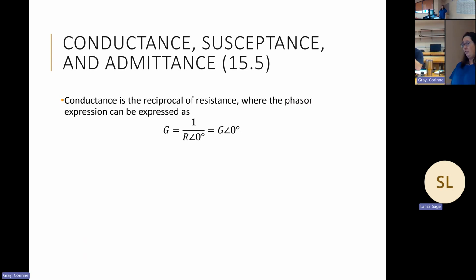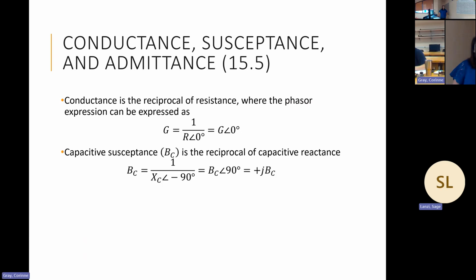Surprise, they're all just inverse values of something else. So here we have our BC. We will have a BL as well. This is the reciprocal of the capacitive reactance. So when we have division in polar form, for the angle portion, if it's 1 over that, it just flips the sign.